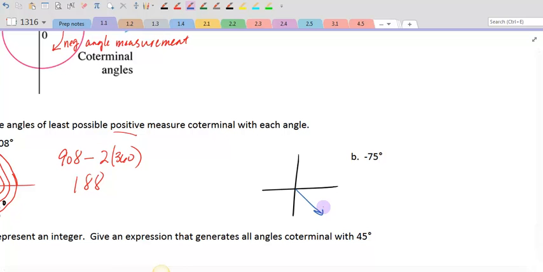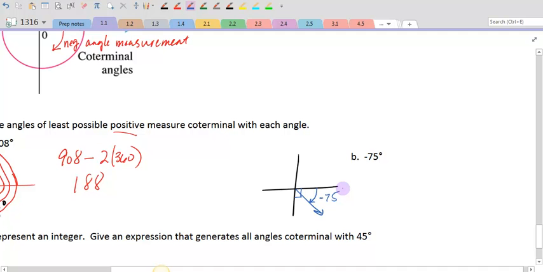I know that because to move from the x-axis in this direction, over here to the y-axis, that is a difference of 90 degrees. But my angle is less than 90. It's somewhere at 75. So I know I'm down here in the 4th quadrant. And this is negative 75.